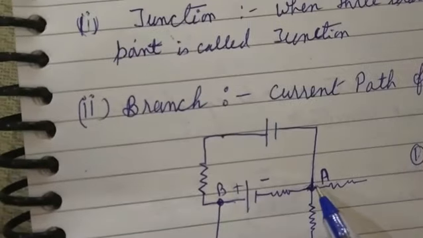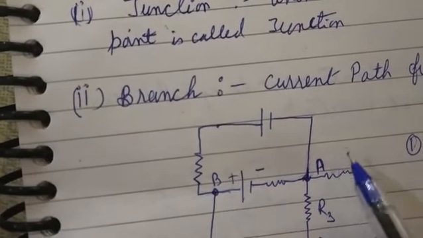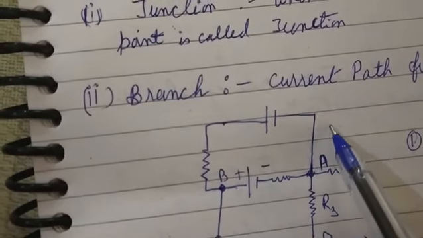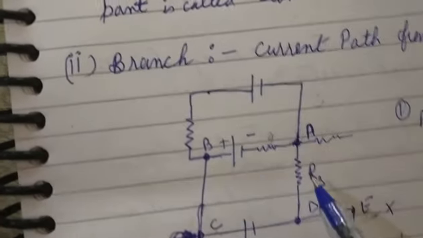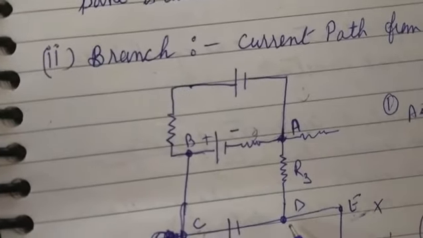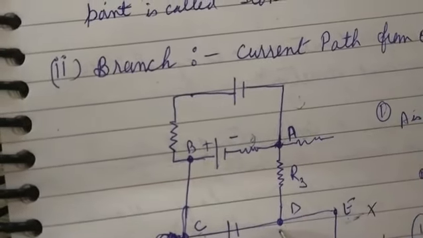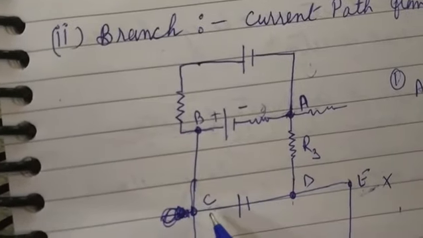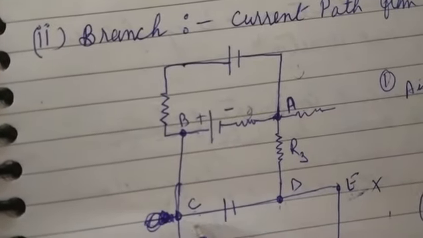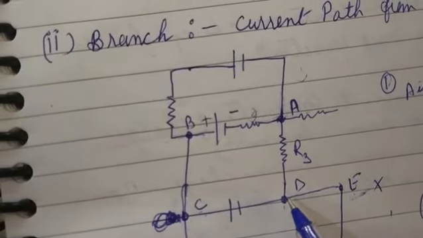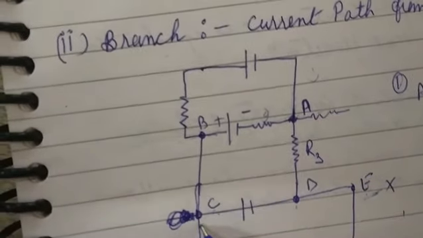So from one junction to another junction, this path is known as a branch. This is a second branch. Now this is also a junction, this is also a junction, so this is also a branch. C is also a junction, D is also a junction, so this is also a branch, and C to D is also a branch.